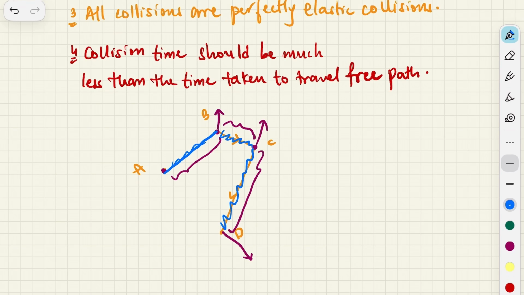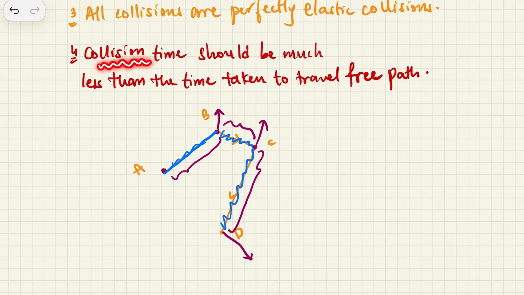The assumption here is that the collision time, meaning the moment the collision starts and the moment the collision ends, should be much less than the time taken to travel the free path. That means the free path time should be larger, and the collision time should be much less.